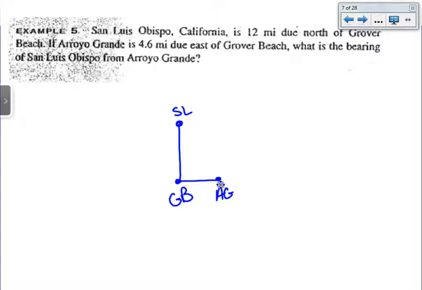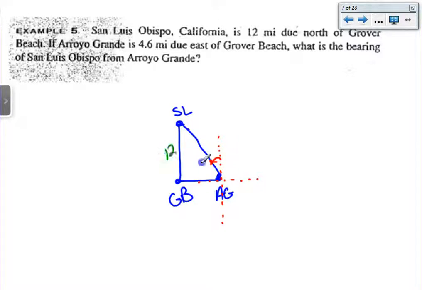The question is, what is the bearing of San Luis Obispo from Arroyo Grande? So they want us to basically calculate, Arroyo Grande is your beginning point, so we're going to think of that as our axis. So from our north-south line, they basically want us to come up with this bearing calculation from here to here. Well, this wouldn't be a very difficult question if I did a little bit of trig to start with.